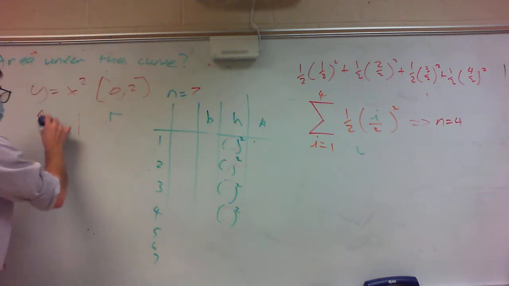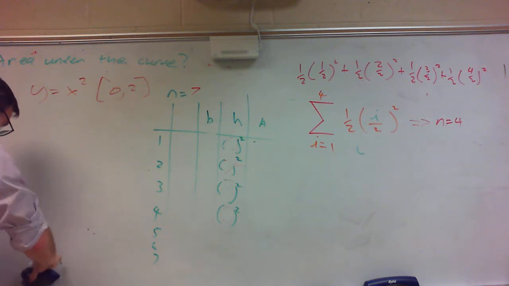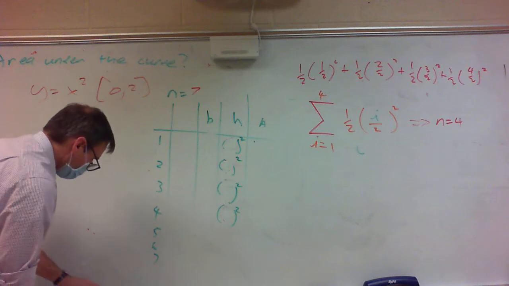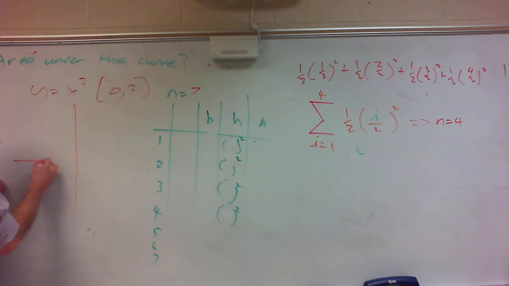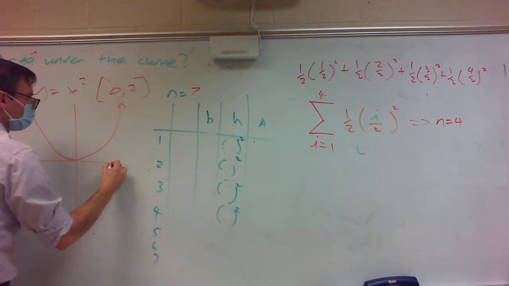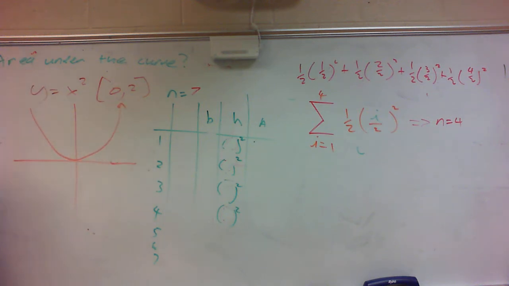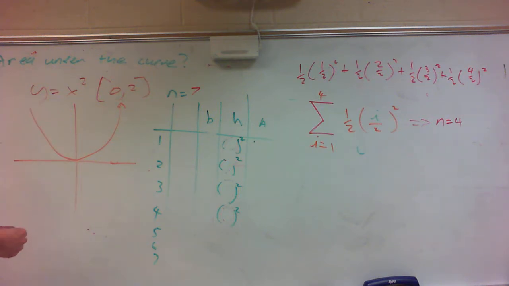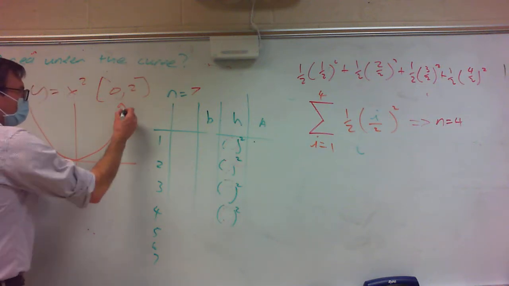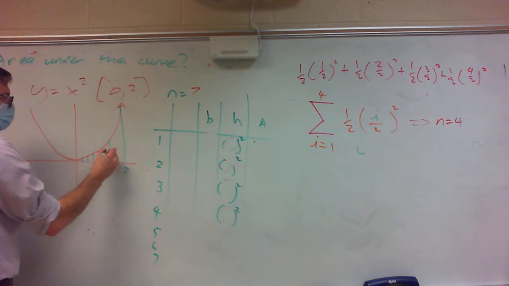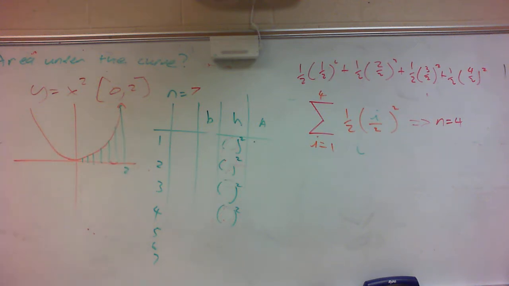I'll probably need to draw a new picture. And can we agree that if I did 7 rectangles, that would be a more accurate answer? The more rectangles we have, we're going to have more accurate answers. So here's 2, and then we've got 6, and my 7 rectangles, okay?